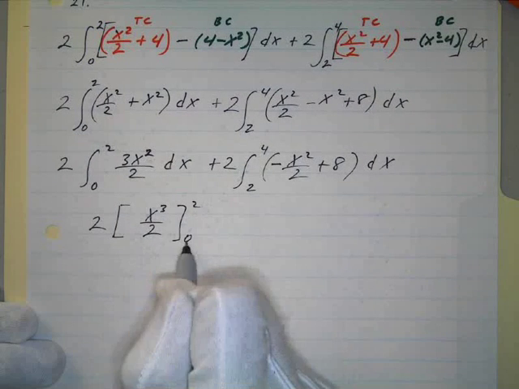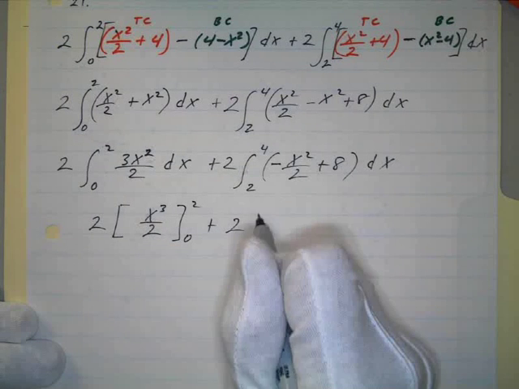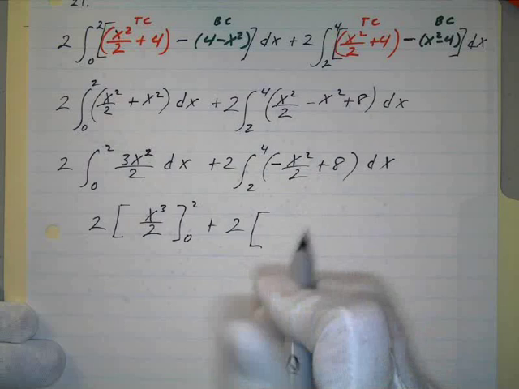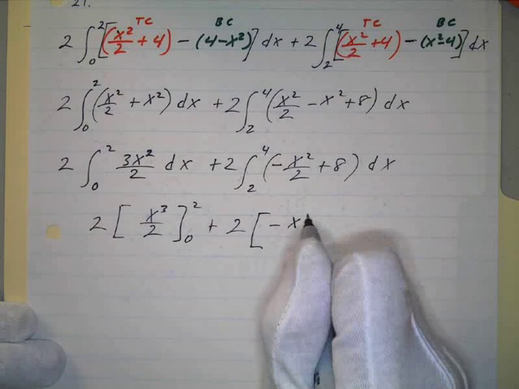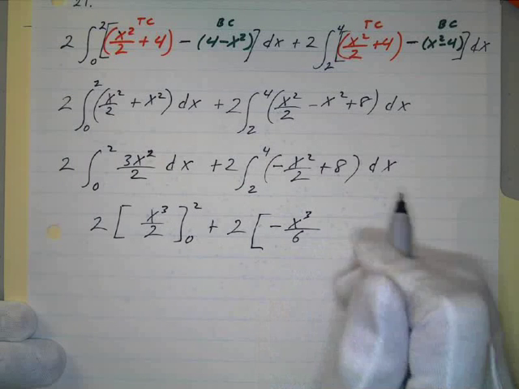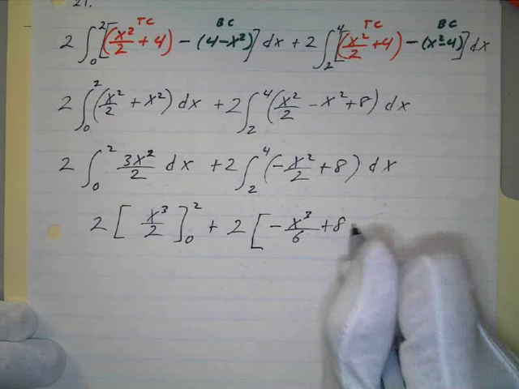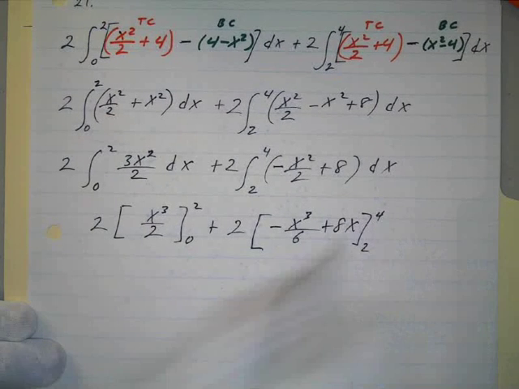So the 0 will drop out, so I'll just have to evaluate it at 2. Plus 2 times, now this is a little bit harder because I'm going to go from 2 to 4, and that's not going to cancel, so I'm going to have negative x cubed over 3 times 2 is 6, plus 8x. And again, I'm going to have to do this from 2 to 4, so this would be kind of a hassle. Okay?